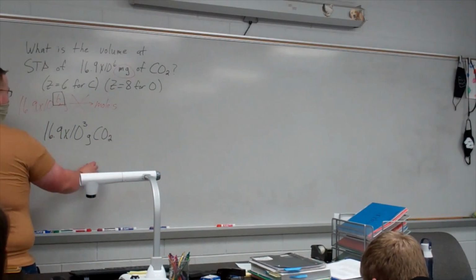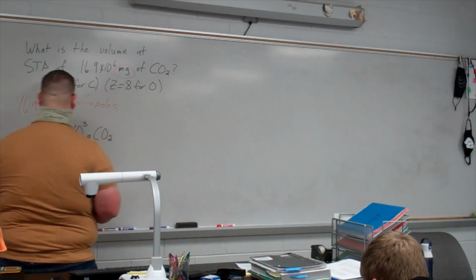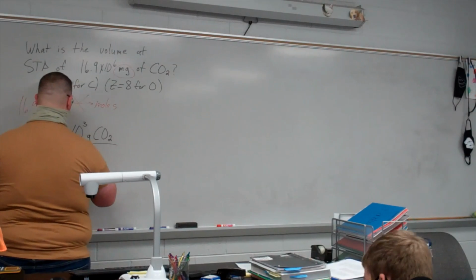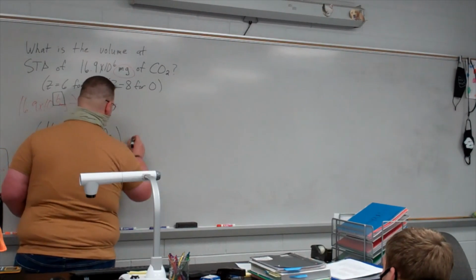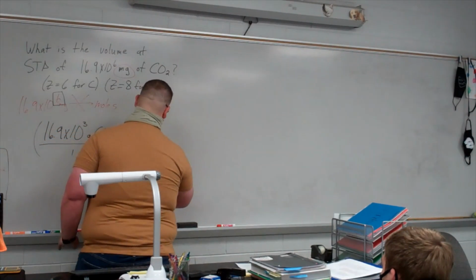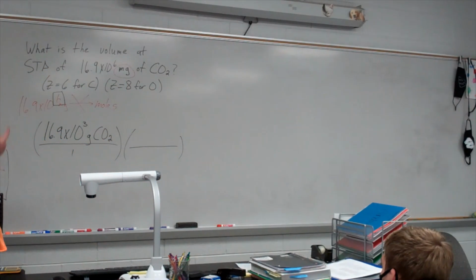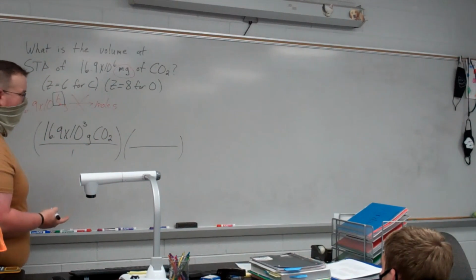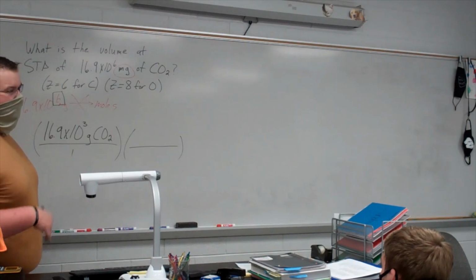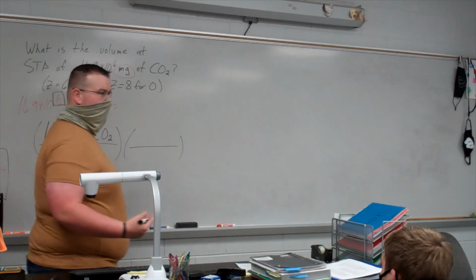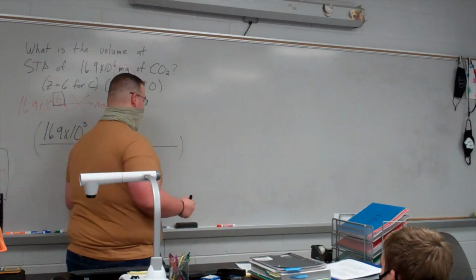From this point, we'll set this over 1. And we've got to convert. First conversion: I'm starting with mass, trying to go to volume. Can I go straight from mass to volume? No, you've got to make a pit stop at moles.